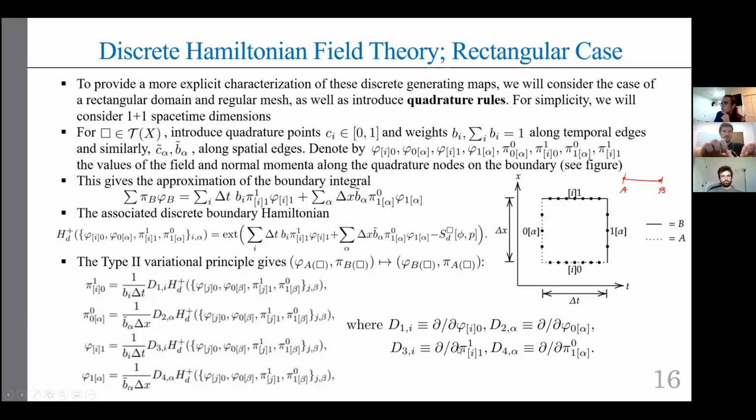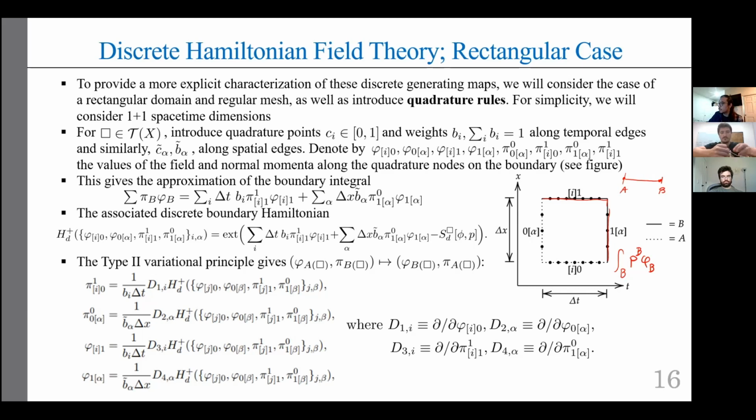And what we're going to do is, along each direction, the temporal direction and the spatial direction, introduce quadrature rules. Along those quadrature points, we're going to introduce the field values and the momentum values. That will allow us to explicitly write what the boundary integral approximation is. It's just given by quadrature over the integral over B of p_B phi_B.